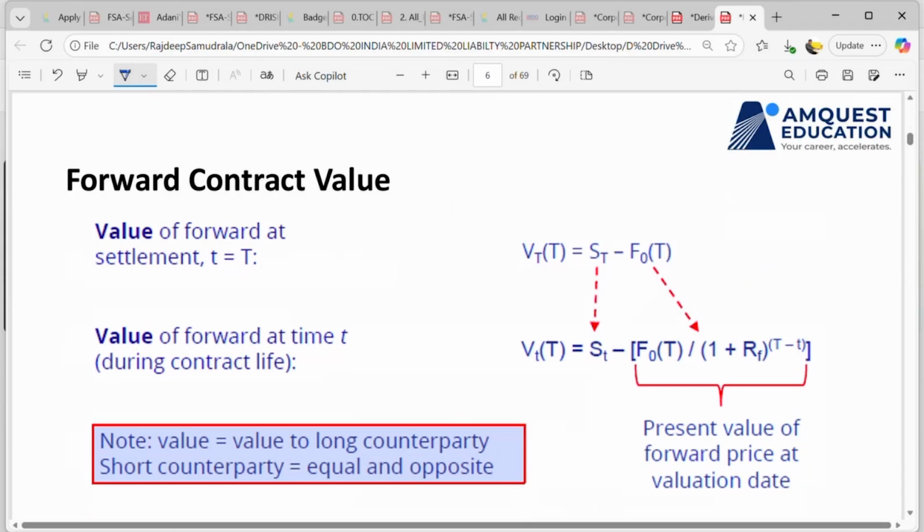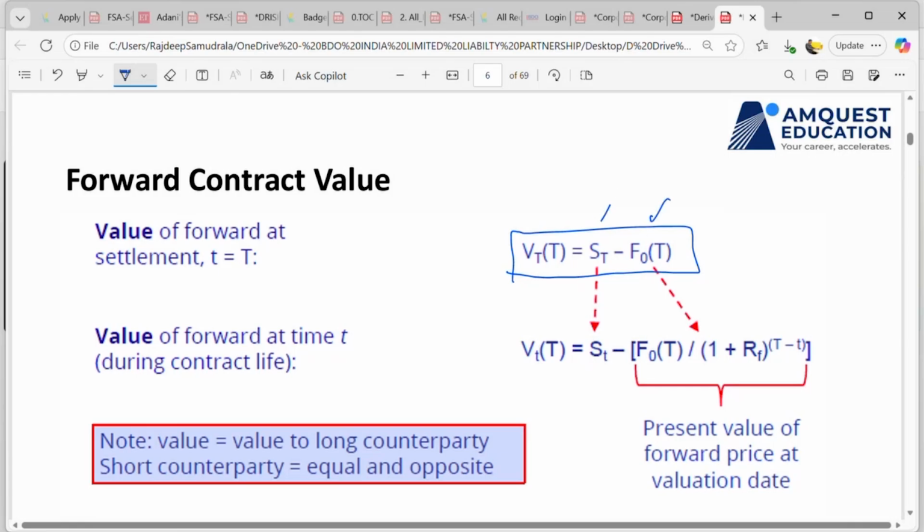But after the contract is entered, during the life or at settlement, there will be some value of the contract because the market price will keep changing. Correct? The market dynamics will change, the spot price will change, the risk factor will change. So the value of the contract at settlement or during the contract life, using the formula I just told you on the earlier page, is going to be based on the spot price on that date, which is the actual price, minus the implied forward price.